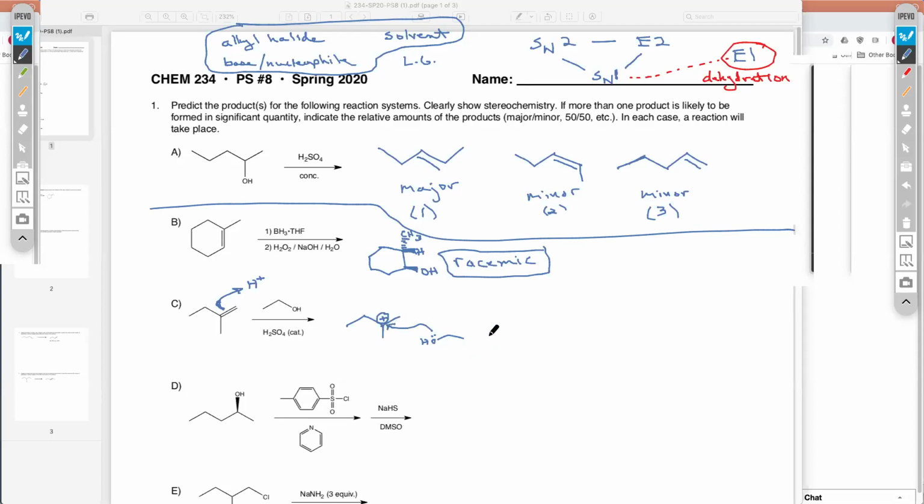Now you wouldn't need to show all of these steps, but it's probably helpful to figure this out by looking at the steps. And then of course, we get this, and then we need to deprotonate. And so another ethanol molecule would come in, grab this. Oops, that's a terrible arrow. That's much better.